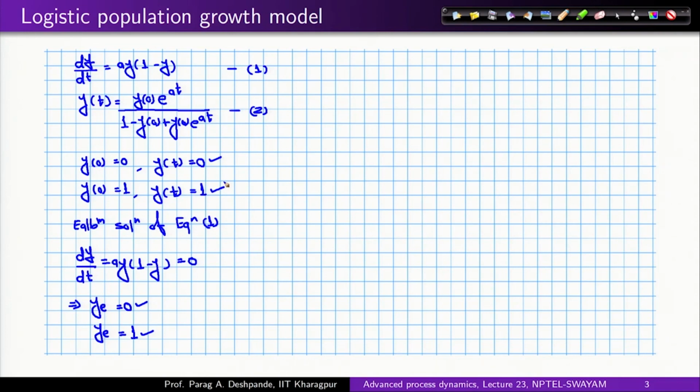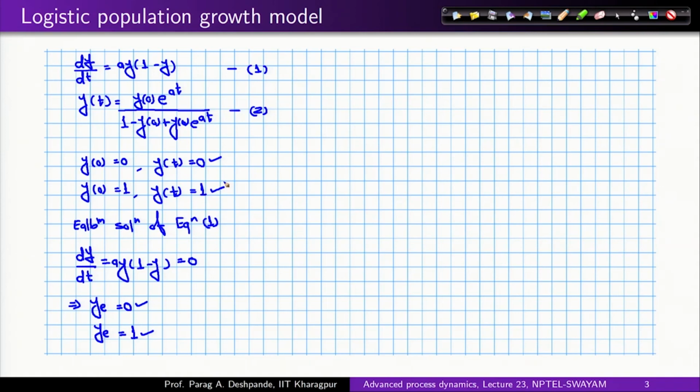This simply means that you have two equilibrium populations in your system, and what do the two equilibrium populations physically signify? They simply signify that if you have no population, which means y equilibrium is 0, well, you cannot expect the population to increase. So, therefore, population will remain 0 forever. Now, your carrying capacity for your system is 1 in these normalized coordinates.